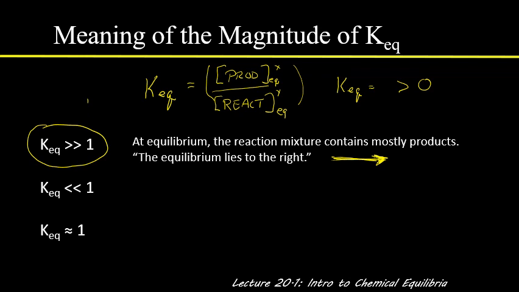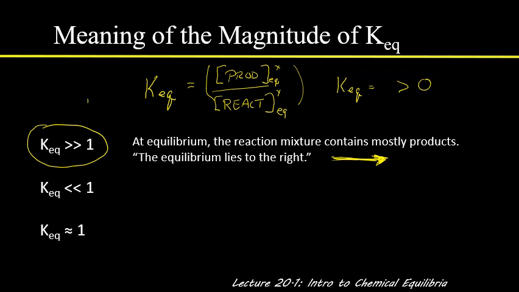It's reactions like this that have an equilibrium constant of 10 to the plus 20 or 10 to the plus 30, where we can very easily make the assumption that the reaction goes essentially all the way to completion, and all of the assumptions that we make in limiting and excess reagent problems are valid.